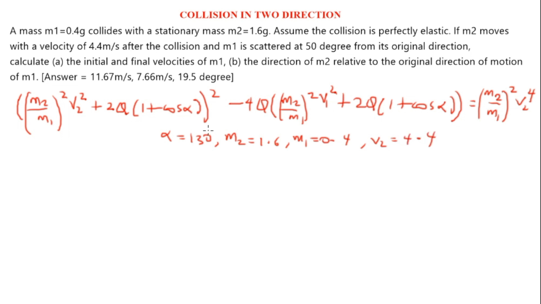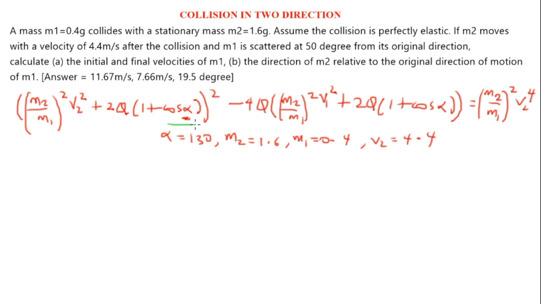If we substitute it into this equation, since alpha is 130, we can find cos alpha. That's cos 130 degrees, which is minus 0.627, then 1 plus the answer gives 0.357. Then we multiply it by 2, the 2 that is behind q, and we should have 0.717.